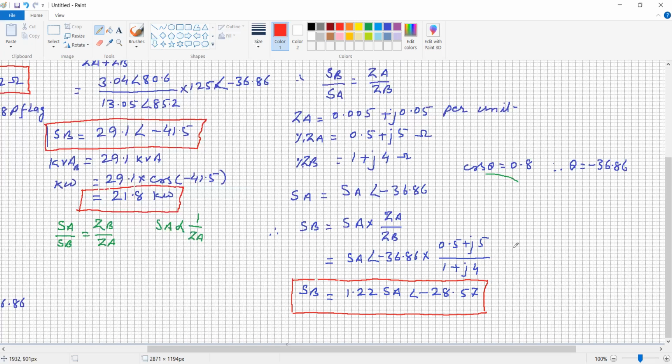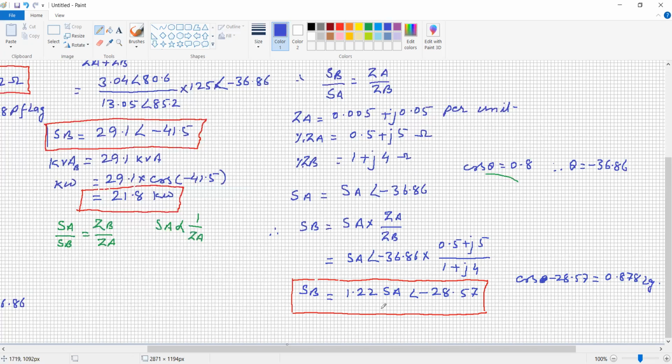Is it? Now, cos of minus 28.57 is equal to 0.878 lag.